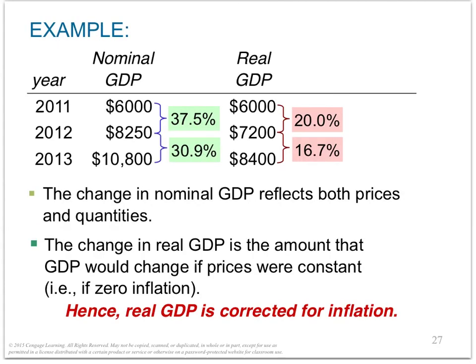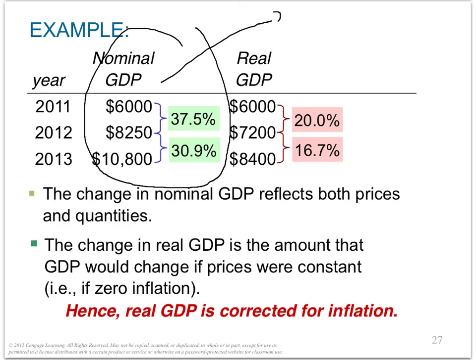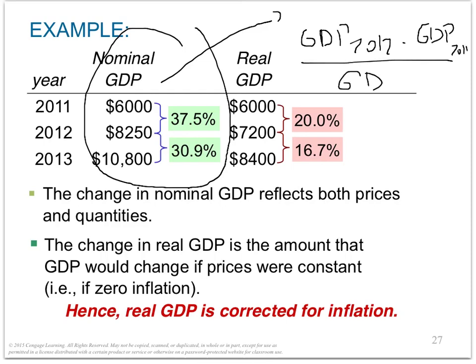Here, let's look at how we calculate the changes in the nominal GDP. In this first column, I will show you how we find this 37.5% change. So we are trying to calculate the growth in nominal GDP. The growth in nominal GDP can be found as GDP 2012 minus GDP 2011, divided by GDP 2011, times 100.